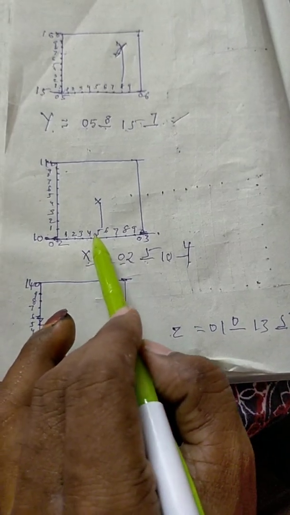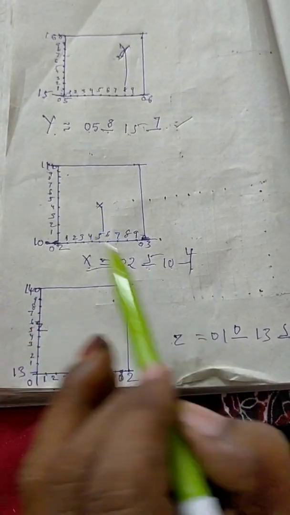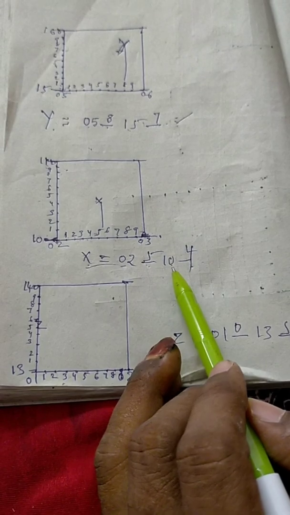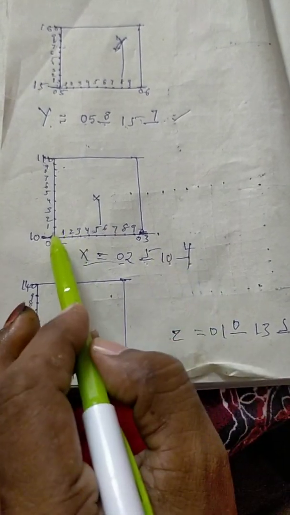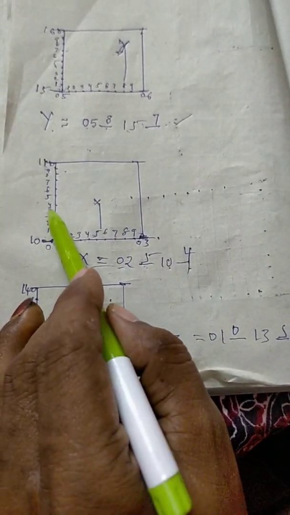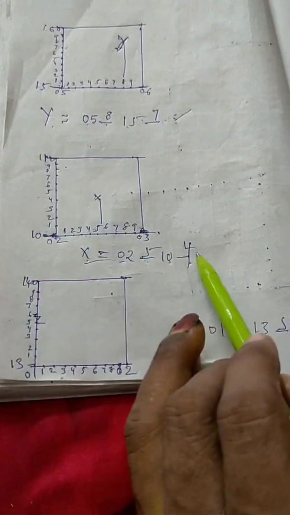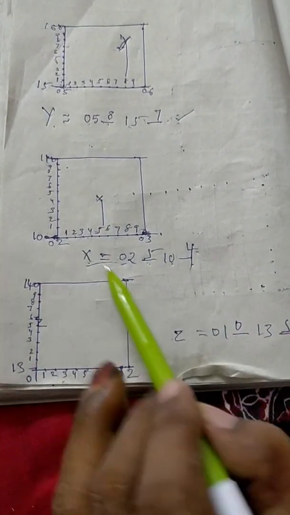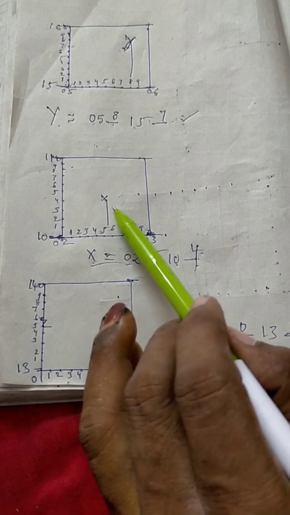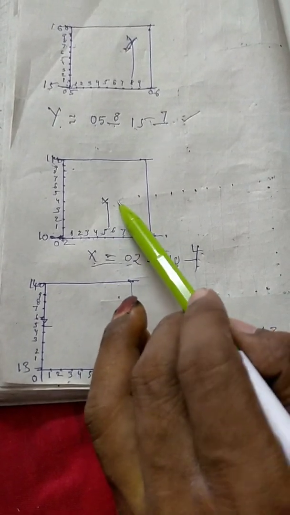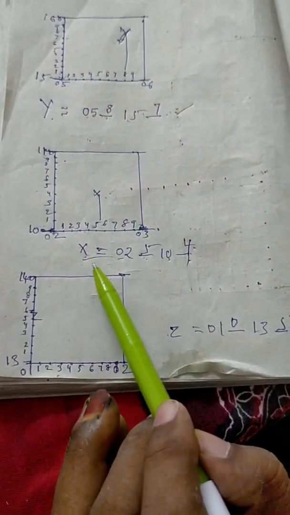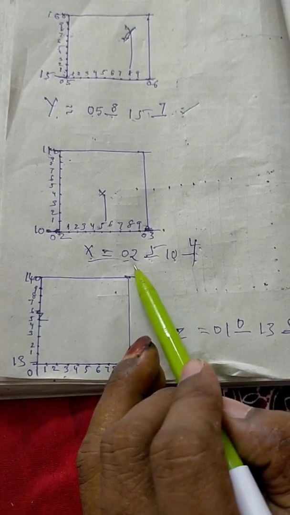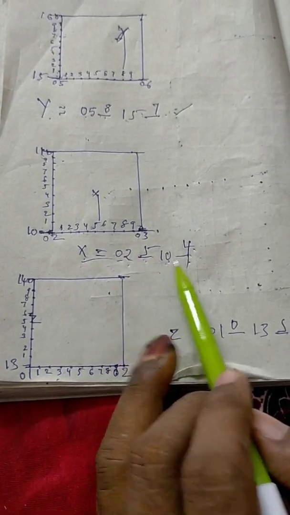So 5th is the third figure. Now 10 dash 4, we see 1, 2, 3, 4, approximately 4 is the 6th figure. This is the 6-figure grid reference of the location of x, that is 025, 104.